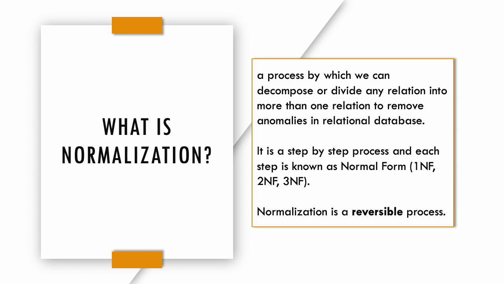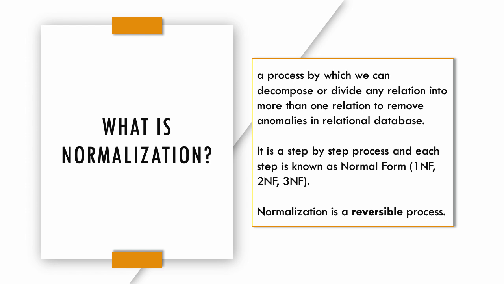Each normal form has specific rules that the database needs to satisfy to achieve that form. By moving through these normal forms like 1NF, 2NF, 3NF, and so on, a database becomes more structured by reducing data duplication and errors at every stage.